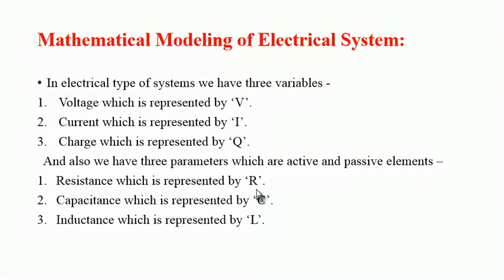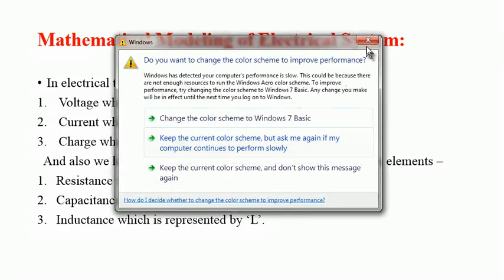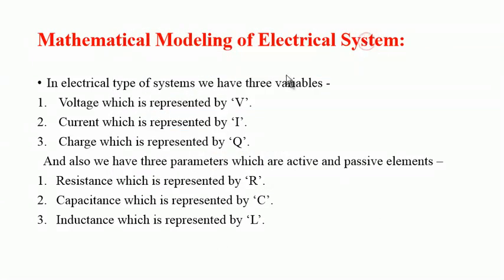In the electrical type of system we have three variables, just like the mechanical system has spring, damper and mass. Those are the voltage, represented by V, current, represented by I, and charge, represented by Q. These are the three variables we consider in the modeling of electrical systems.